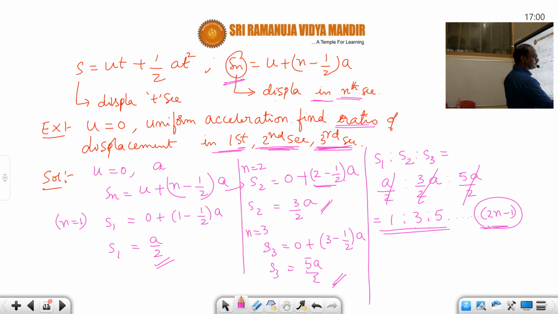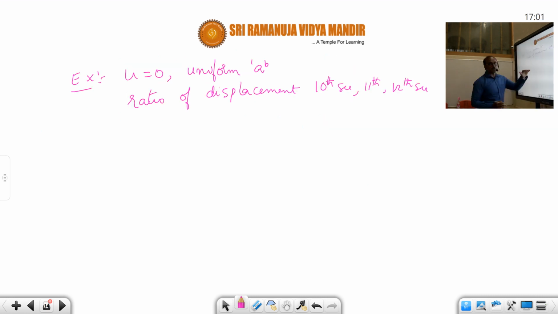Here our intention is to get the answer without doing the procedure. For a particular second we already solved the general formula. What is the general formula? 2n minus 1.